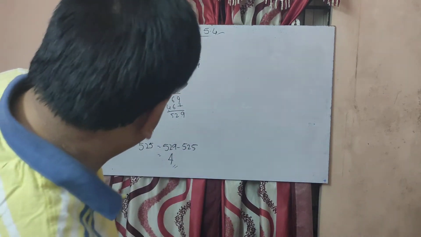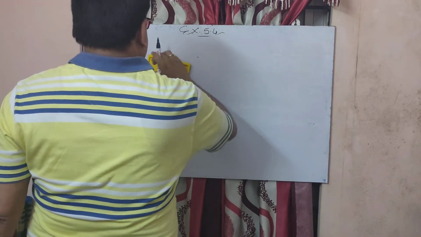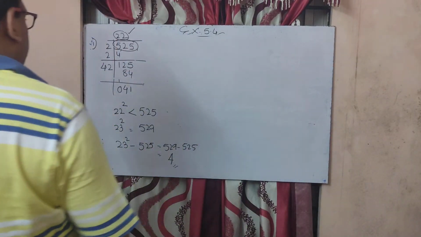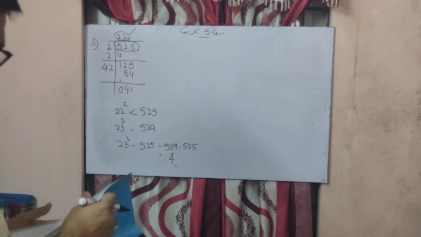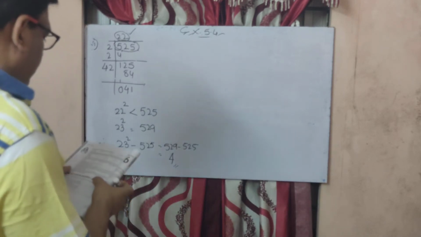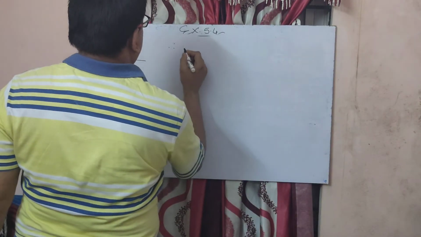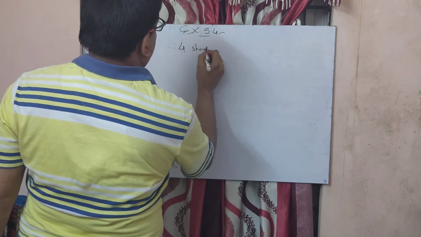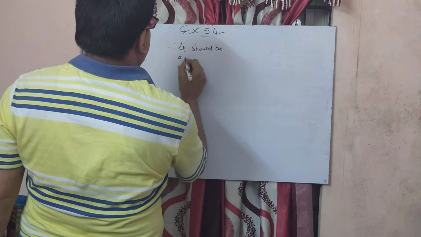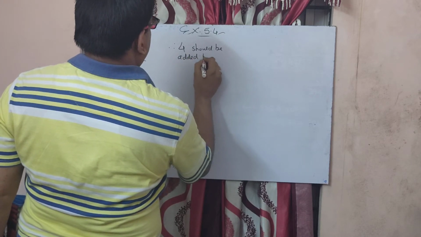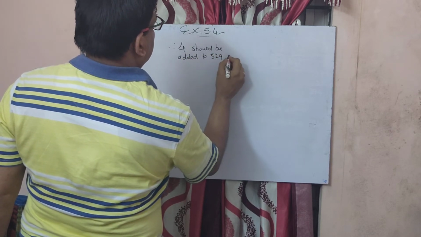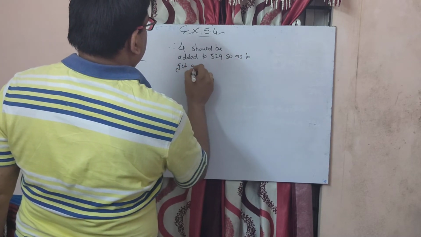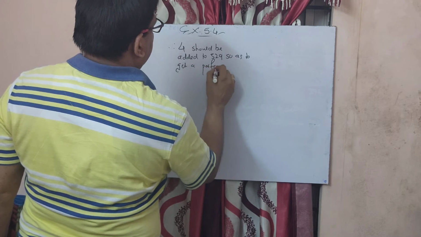Therefore, the answer you have to write is: find the least number which must be added. Therefore, 4 should be added to 525 so as to get a perfect square.